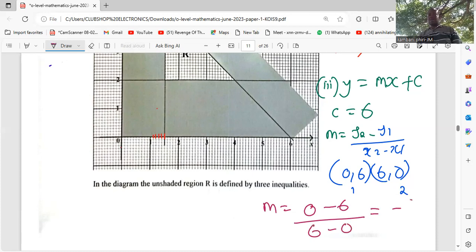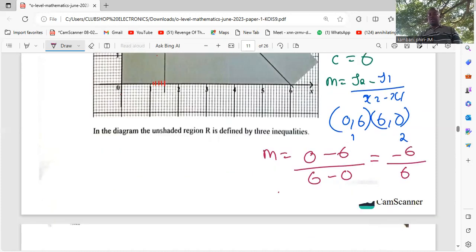So I've got negative 6 divided by 6 and we get negative 1, which we got in the previous method. All right.